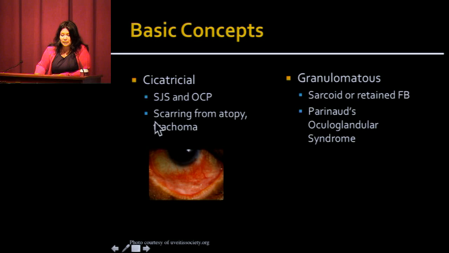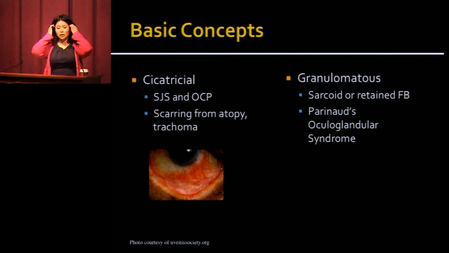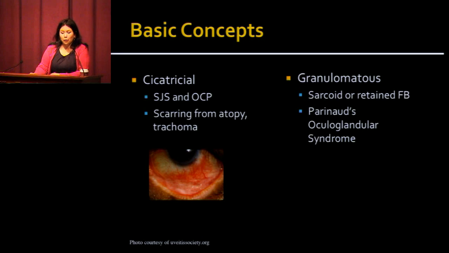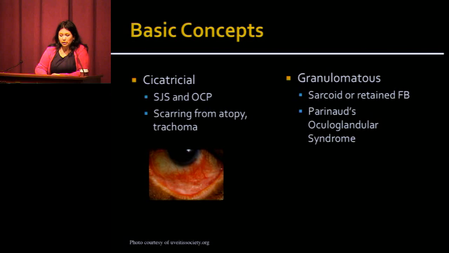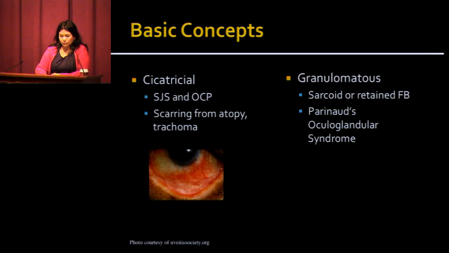And trachoma has a type of cicatrizing conjunctivitis. The Arlt's line is that subepithelial fibrosis that we see on the upper tarsus, and Herbert's pits are also cicatricial limbal follicles. So those are all different ways to describe these. And then lastly, we have granulomatous, and you can see that in sarcoid or routine foreign bodies. Again, I'm not going to be talking about sarcoid in this lecture, but we will touch on Parinaud's oculoglandular syndrome.